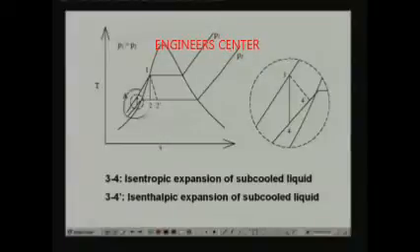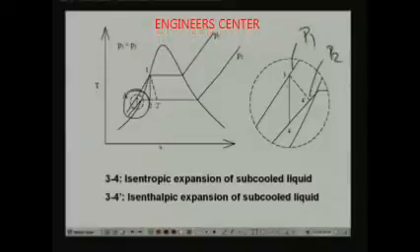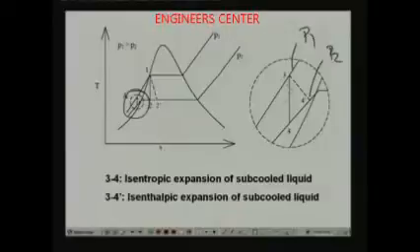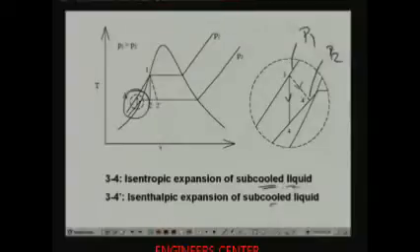That means here. So I have magnified this. You can see that this is again P1 and this is again P2. Now the expansion process of the liquid in a turbine is given by 3 to 4, and the expansion process in a throttling device is given by 3 to 4 dash. So the dash line is for throttling, the solid line is for expansion in a turbine.